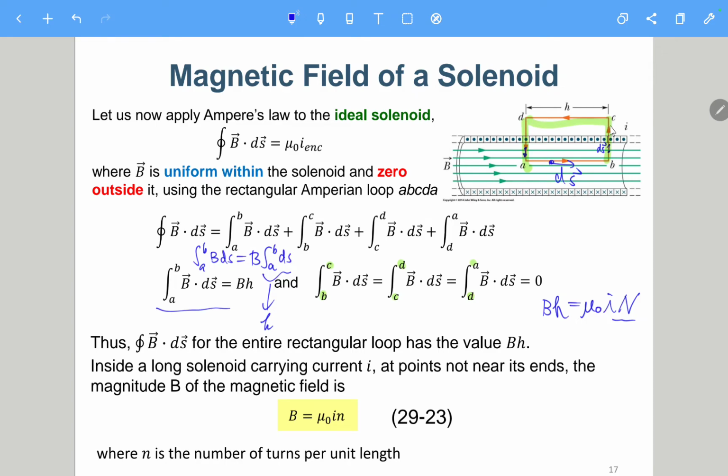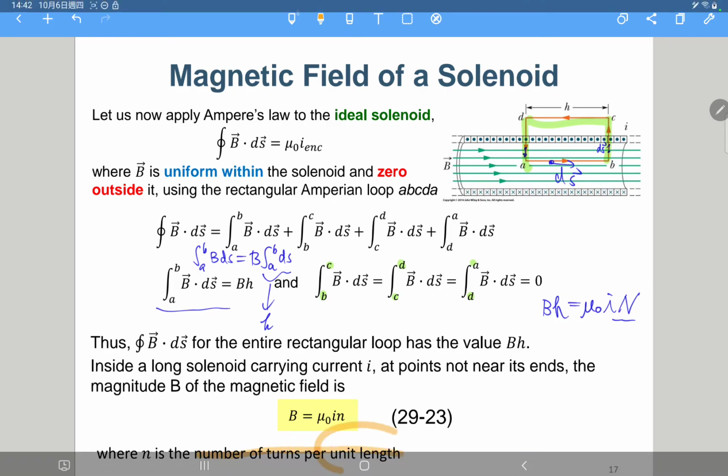Here we need to be very careful about whether it is capital N or small n. Actually, this equation is small n rather than capital N. Capital N means number of turns, and here small n means number of turns per unit length.